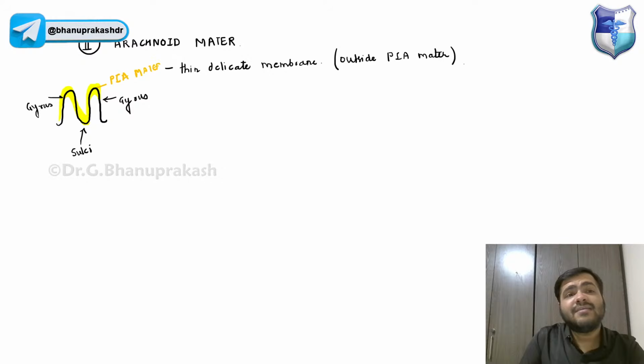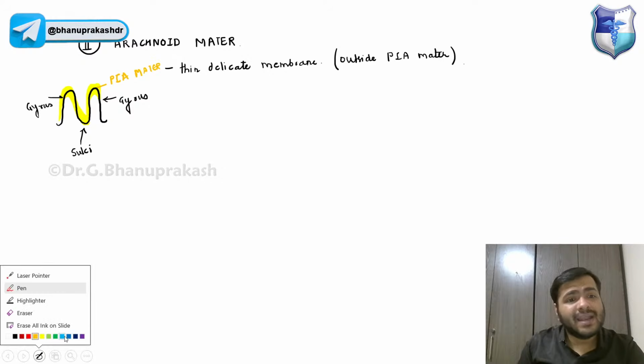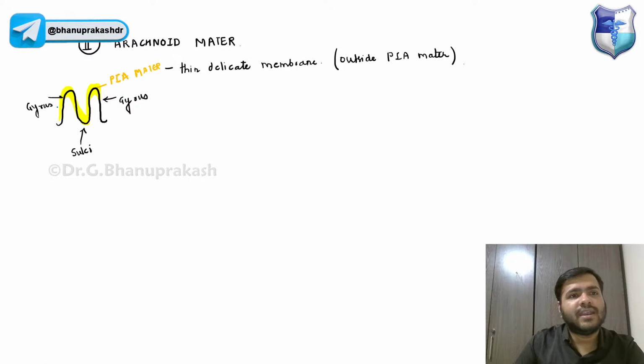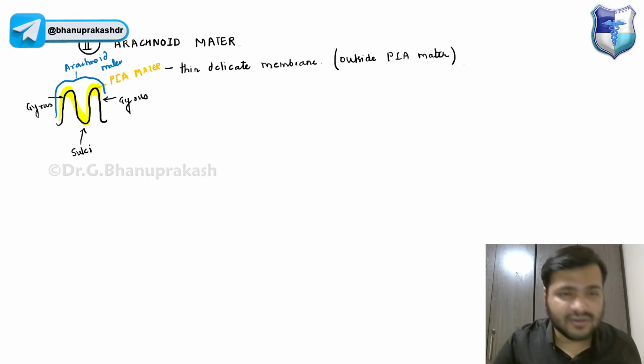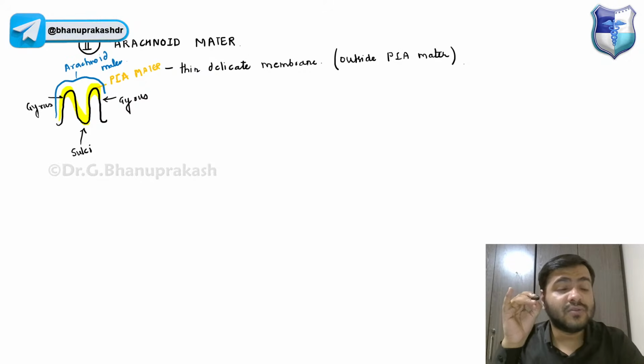Now, remember, guys, the arachnoid mater will cover the gyrus, but it will never go into the sulcus, and it will cover the other gyrus. It is basically forming a bridge over here. So this is the arachnoid mater. It is not going into the sulcus, guys.